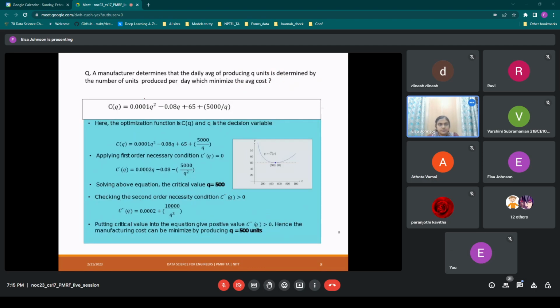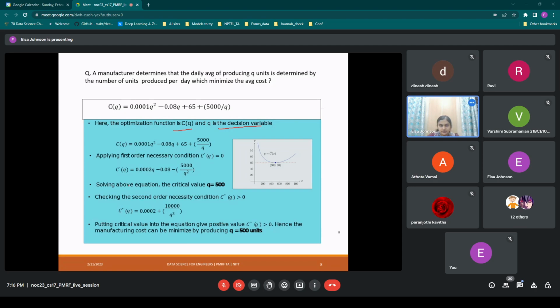So, next one. A manufacturer determines that the daily average cost of producing Q units depends on the number of units produced per day, and we have to find the number of units which minimizes the average cost. So this is another function, the optimization function, which is C of Q, and Q is the decision variable.